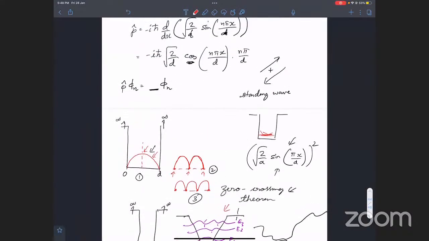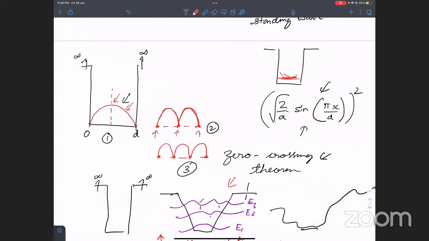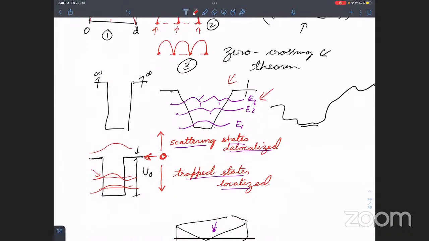See, we only mathematically solved for the infinite potential well, right? But from observing the mathematical pattern there, we are able to judge a lot of things. And first of all, about the trapped states, we have the zero crossing idea, right? Now you may ask me, okay, that is great.